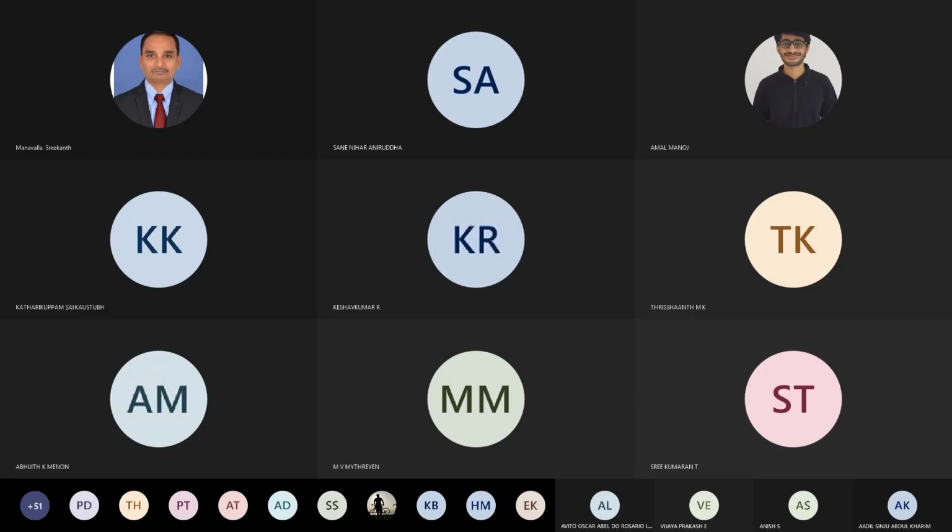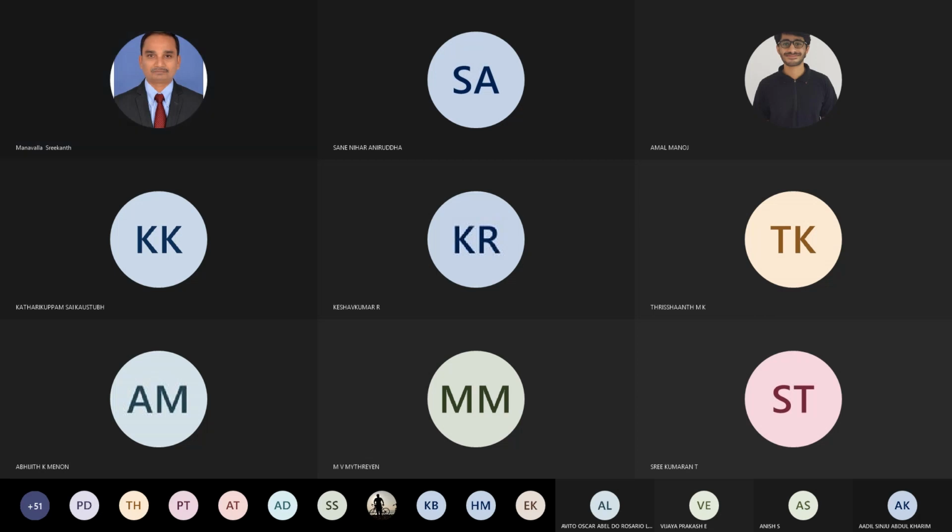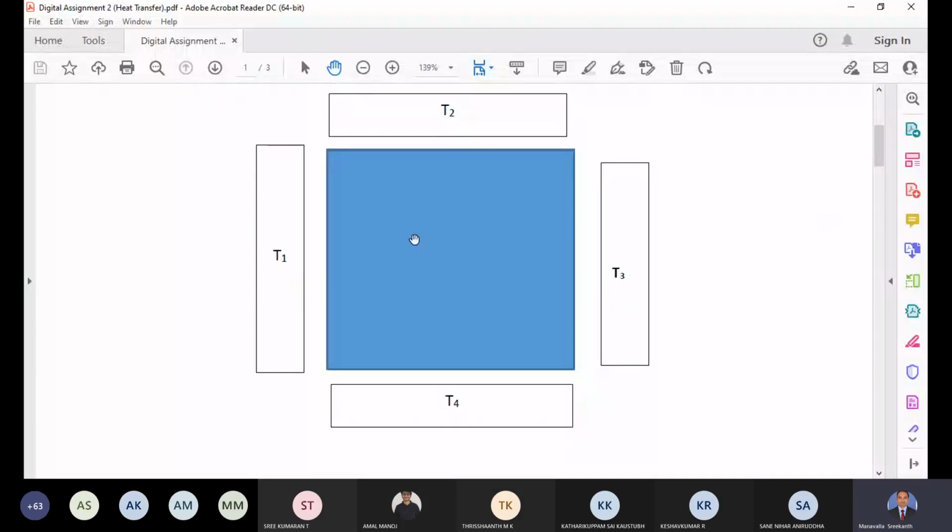Now I will show you your assignment. There is a square plate, and the 4 sides of this square plate are subjected to 4 different temperatures.